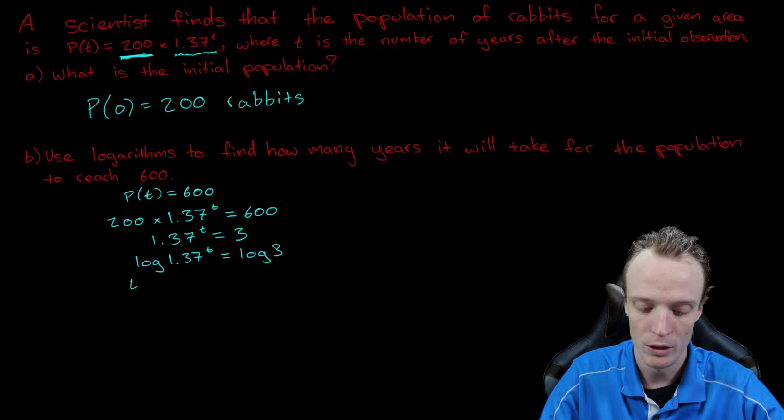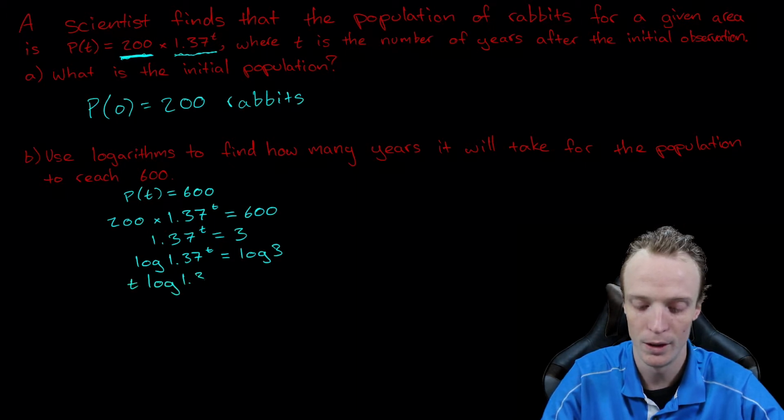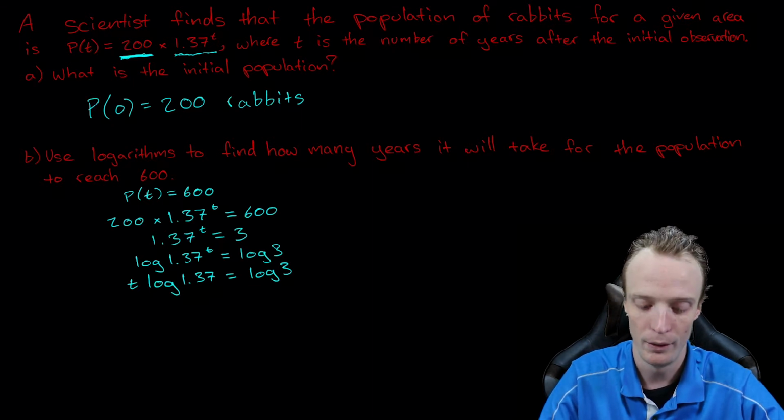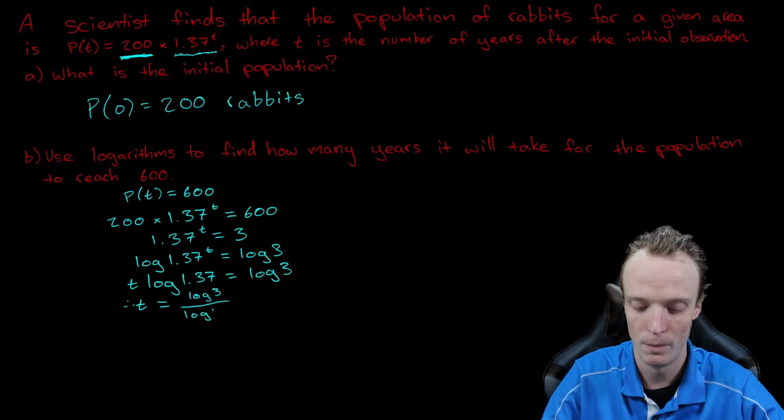So I can rearrange this to be t log 1.37 is equal to the logarithm of 3. And now I want to divide both sides by the log of 1.37. So my t is going to be equal to the log of 3 divided by the log of 1.37.